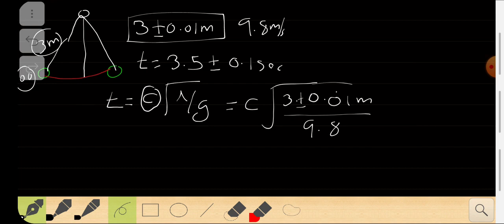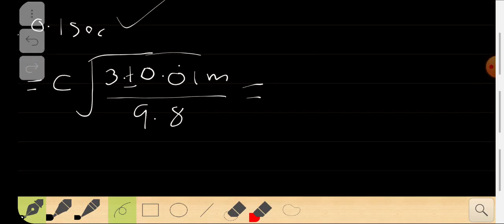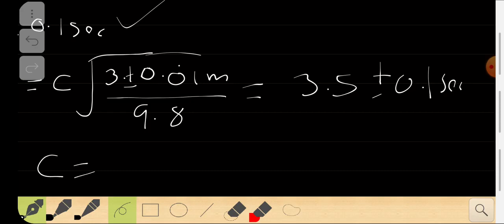Now I know the time taken, which I measured here, so that's 3.5 plus or minus 0.1 second accurate. Now C will be this times the reciprocal of that.